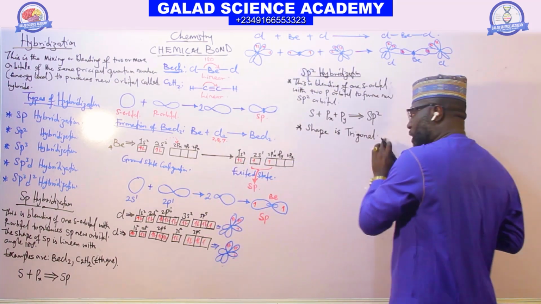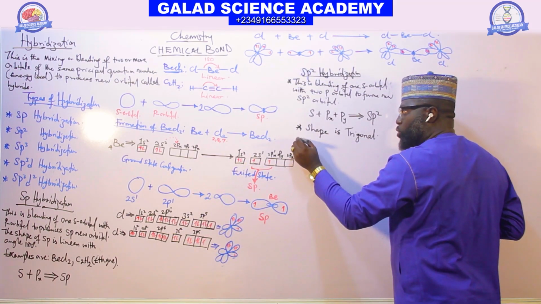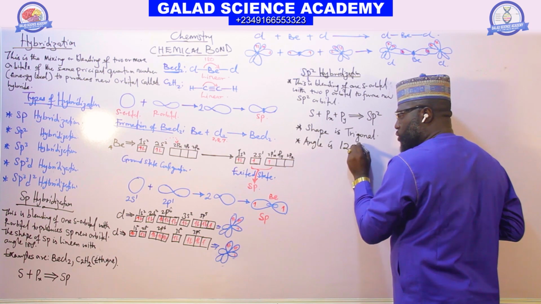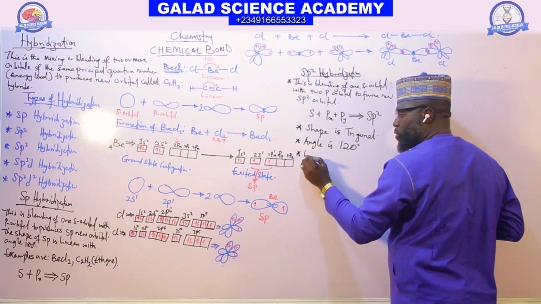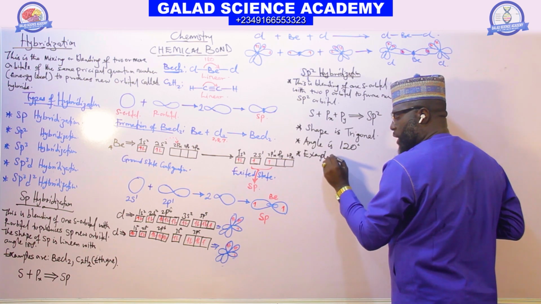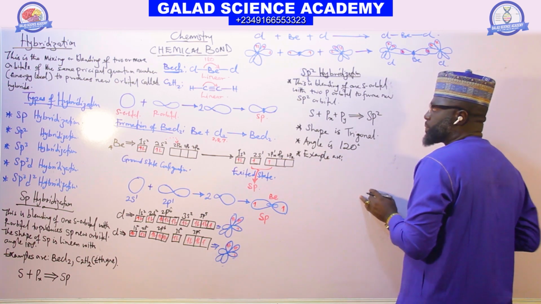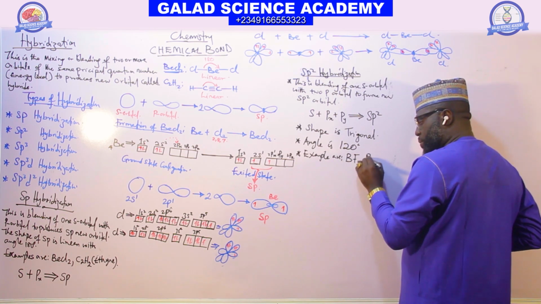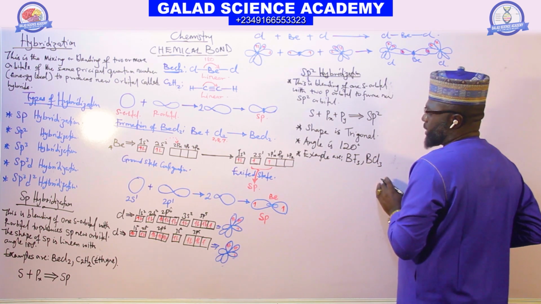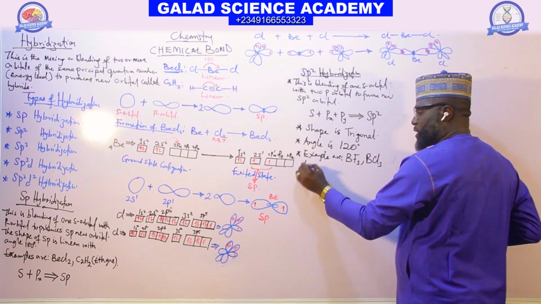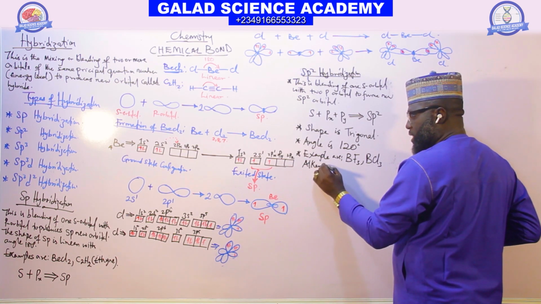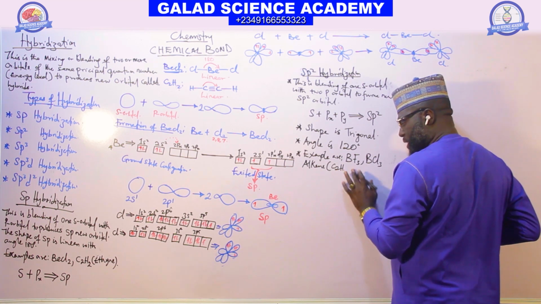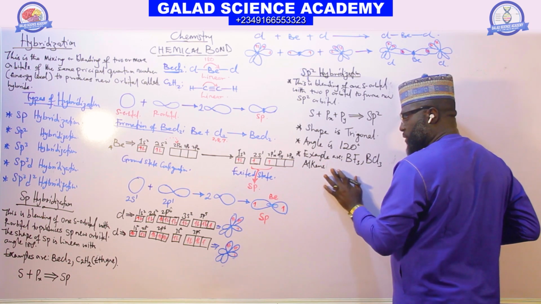The shape of this one is trigonal, and the angle is 120. Examples of molecules here are BF3, BCl3, and we also have alkenes, especially ethene, which is an alkene.